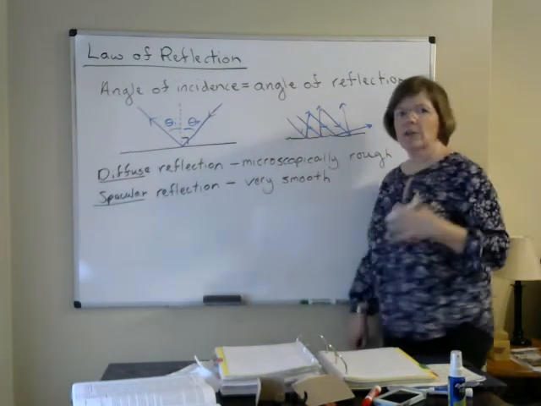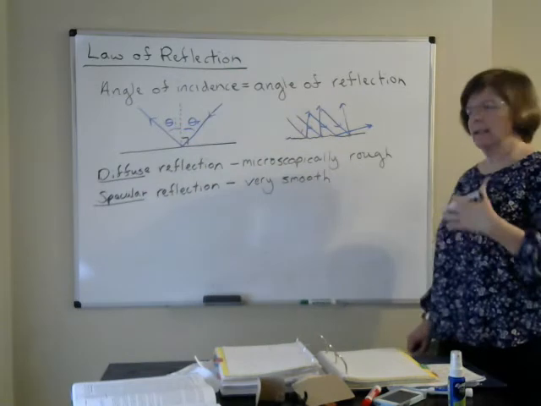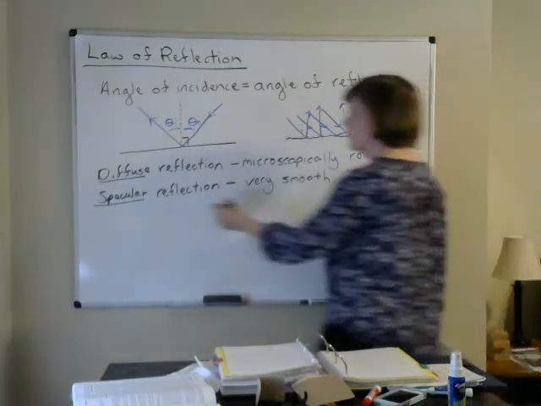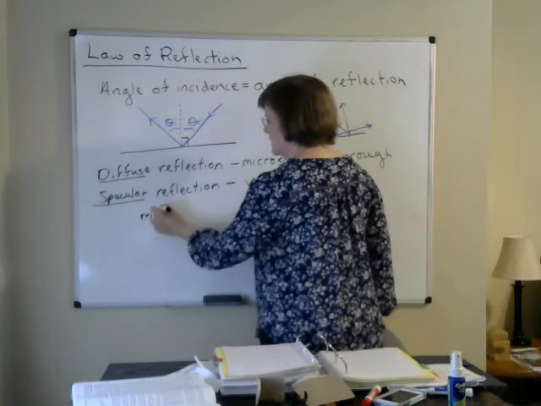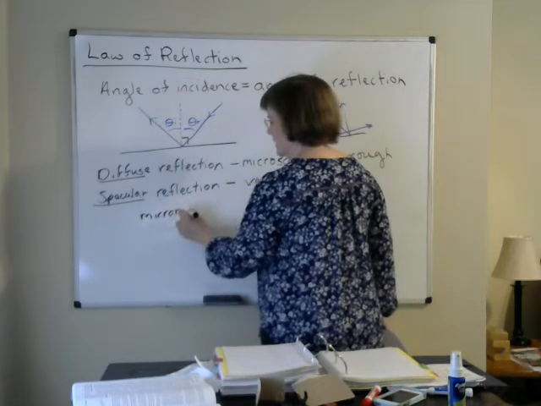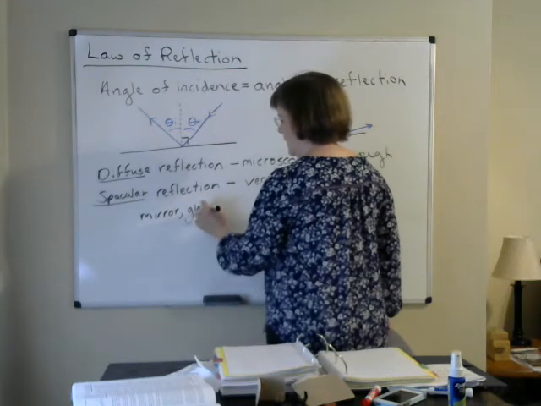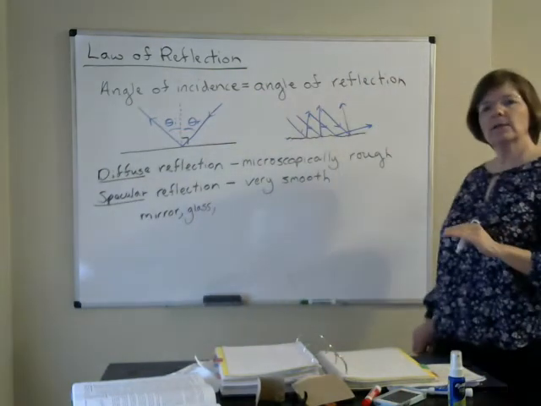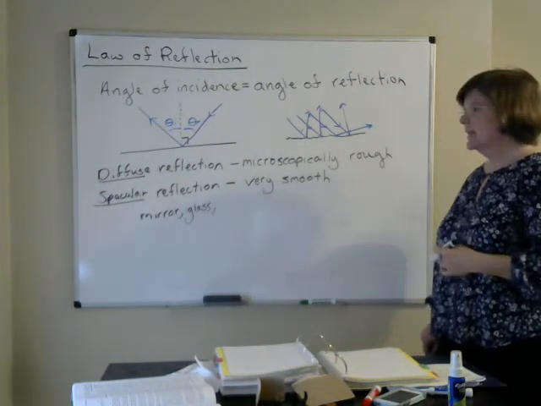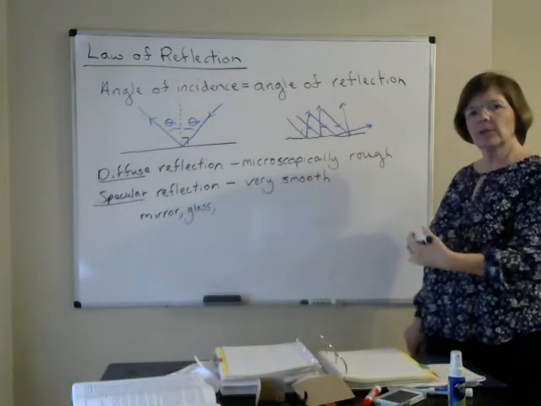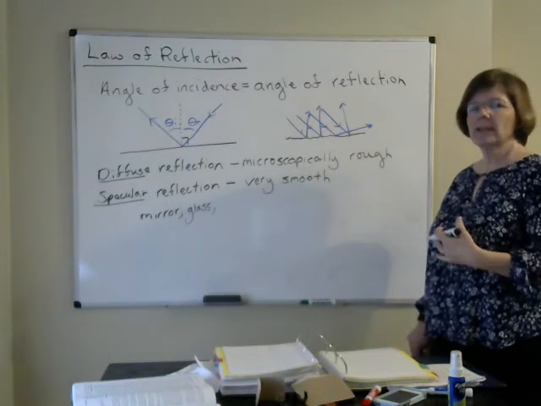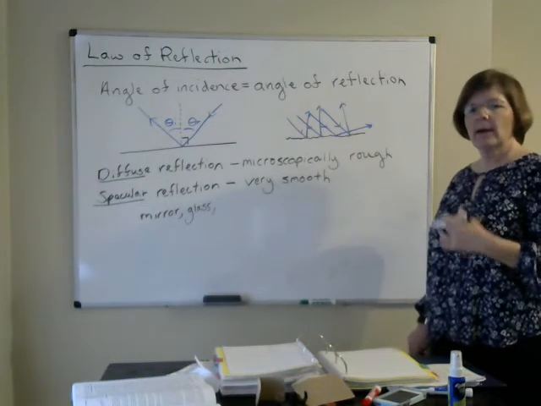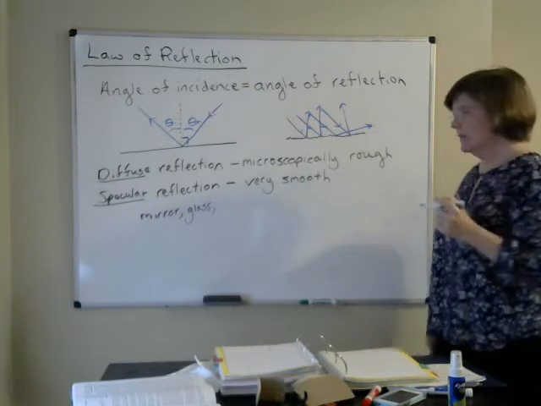Specular reflection occurs when we have light that's incident on something like a mirror or a piece of glass, water like a very still pond, or a piece of polished metal. Anything where you could look and see your reflection is an example of specular reflection.